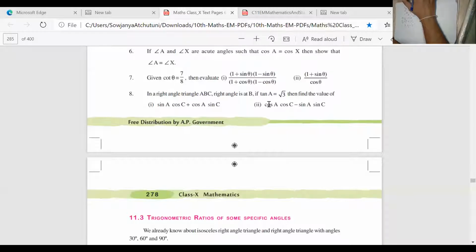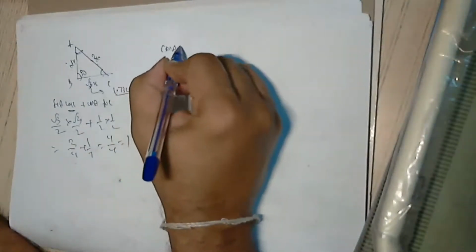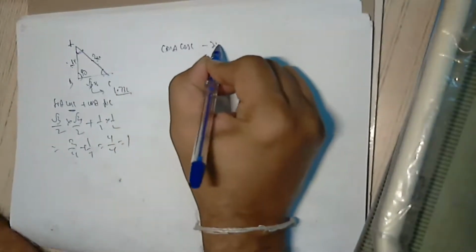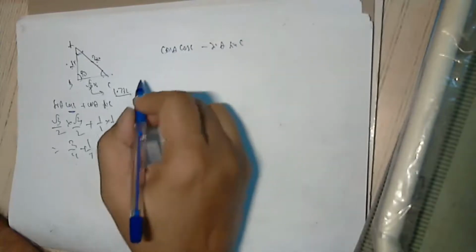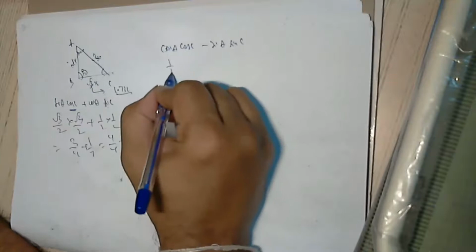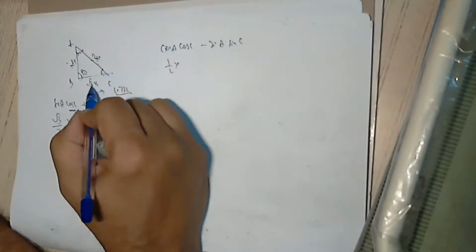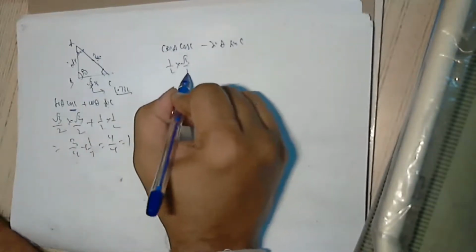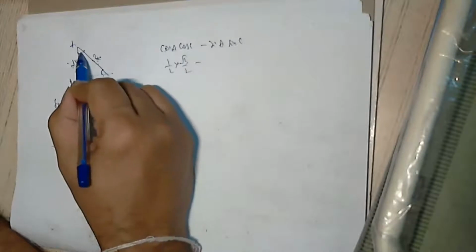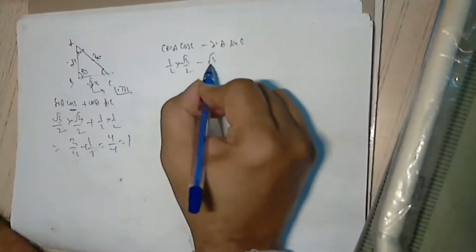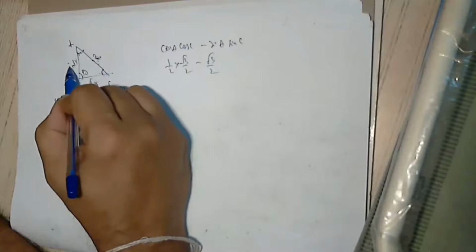What is the second one asked? Cos A cos C minus sin A sin C. Cos A is 1 by 2. Cos C is root 3 by 2. Minus sin A, root 3 by 2, sin C, 1 by 2.